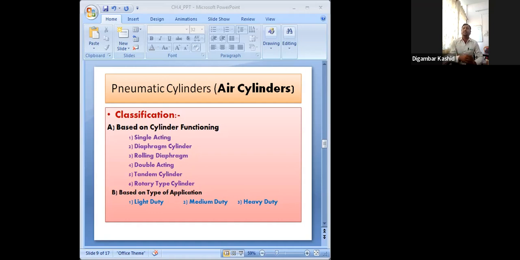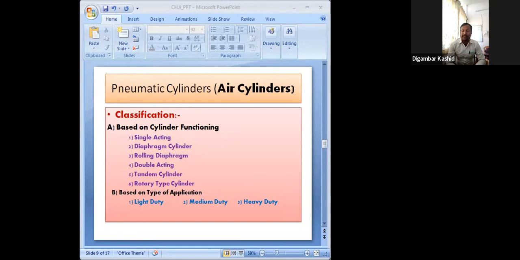And then based on the cylinder momentum, these pneumatic cylinders or air cylinders are classified into two types: one is the rotary type air cylinder and the other is the non-rotary type air cylinder.